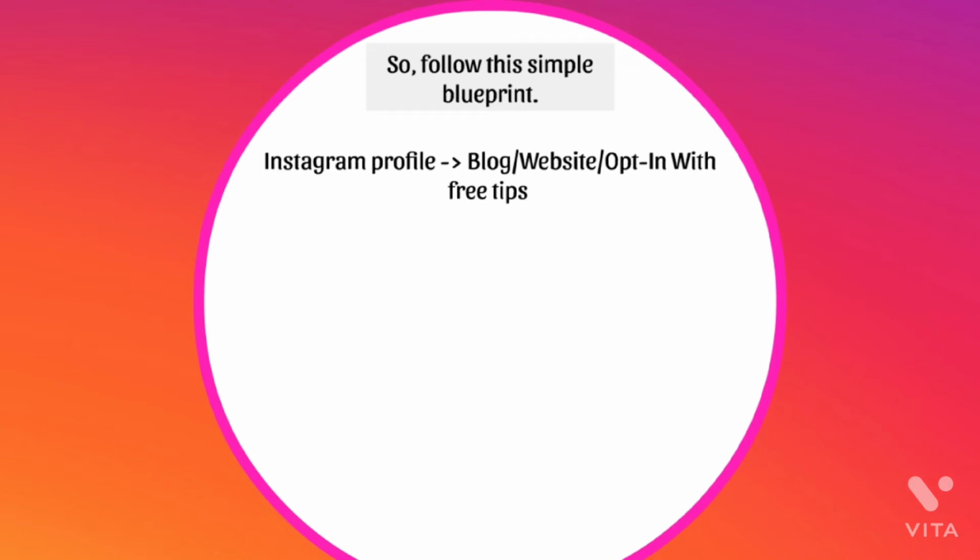But at the end of the day, you can use an opt-in with free tips or a squeeze page to build your list first. Because what I found is that a lot of times it takes 7 to 12 times to actually touch the person, get to know them before they actually buy. So what I mean by touch points is emails.